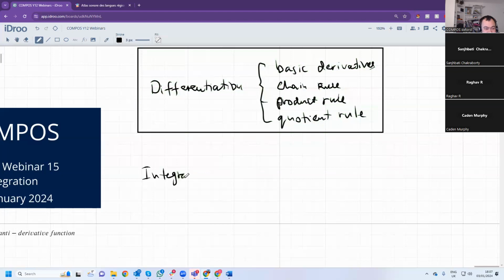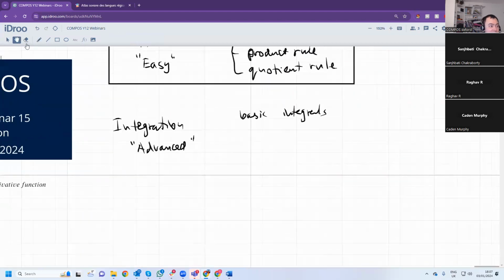So differentiation is easy, and integration is much more advanced. We start with basic integrals. I would describe integration as an art.